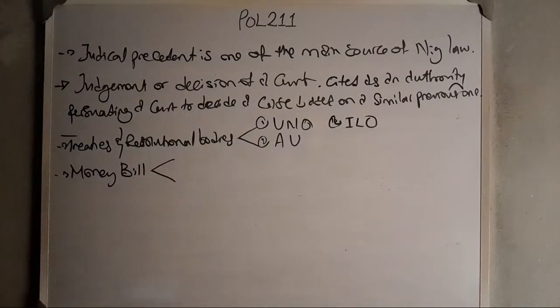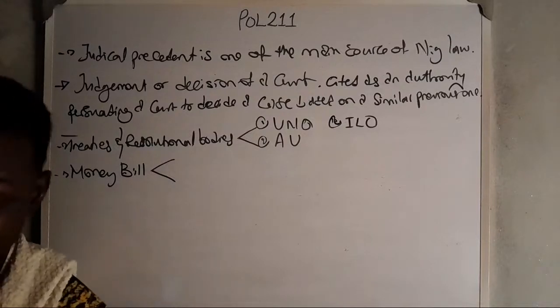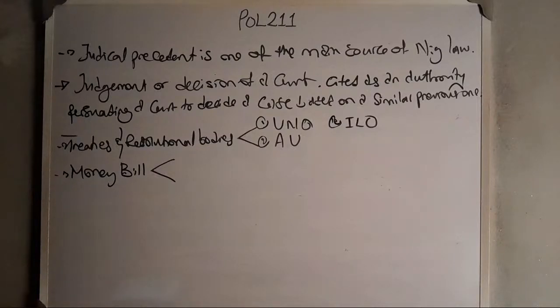Therefore, law must be very dynamic. Law must be dynamic as human beings are dynamic. Human beings are not static in nature. They are dynamic, so laws must also be dynamic. Are we together? Awesome.